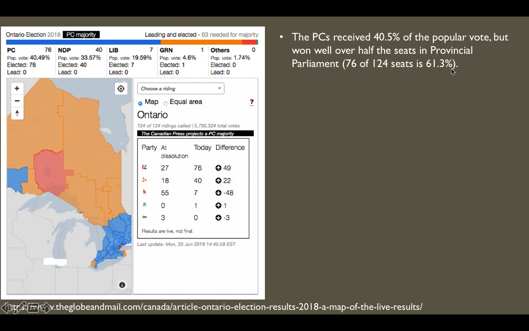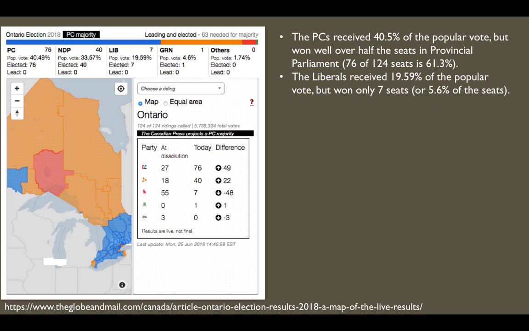And this is where students get really concerned and engaged, because right or wrong, they say that's not fair. If they got 40.5% of the vote, they should have 40.5% of the seats. And they recognize that if one party's percentage of the seats is higher than its percentage of the popular vote, some other party is getting a percentage of the seats that is less than the popular vote.